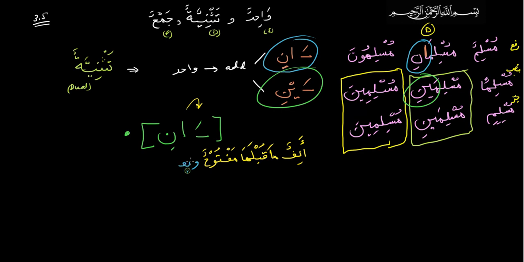Wa ba'daha, and ha here refers to alif, ba'daha nun maksuratun, with a kasra. So this alif right here, ma qablaha, before it, is a fatha.